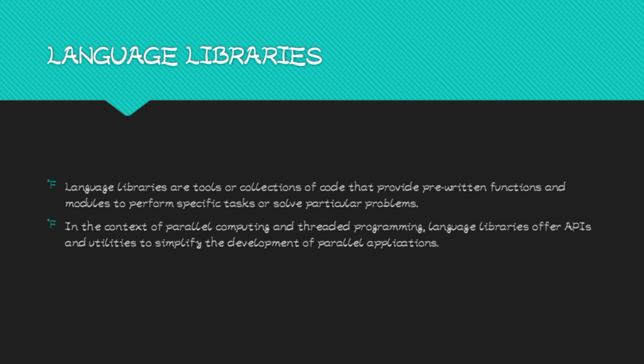For example, if you are making mobile apps or software, you can utilize language libraries, and they provide reusable functions, classes, and resources which help in performing common programming tasks without needing to write new code from scratch.